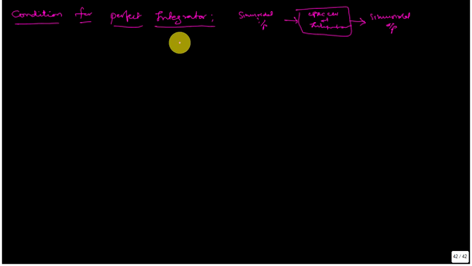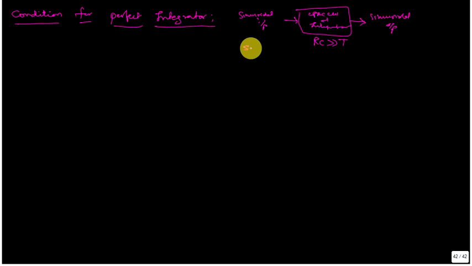Condition for a perfect integrator. We know that a low pass RC circuit can act as an integrator if RC is very large compared to T. And if you apply sinusoidal input, the output is also sinusoidal, because the low pass RC circuit is a linear circuit. We know for a linear circuit, if you apply sinusoidal input, the output is also sinusoidal in nature, but there may be a change in magnitude as well as a phase shift introduced between output and input.